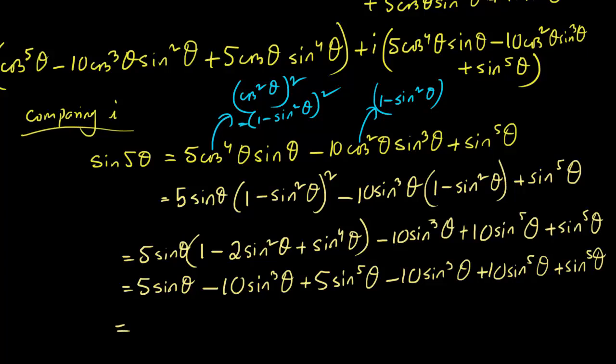If we add up all the sin to the power 5 θ, it turns out to be 5 plus 10, 15 plus 1, 16 sin to the power 5 θ. The next one is cubed. We have minus 10 sin cubed θ and minus 10 sin cubed θ. It turns out to be minus 20 sin cubed θ. And finally we have 5 sin θ, and that's all we have. So 5 sin θ.